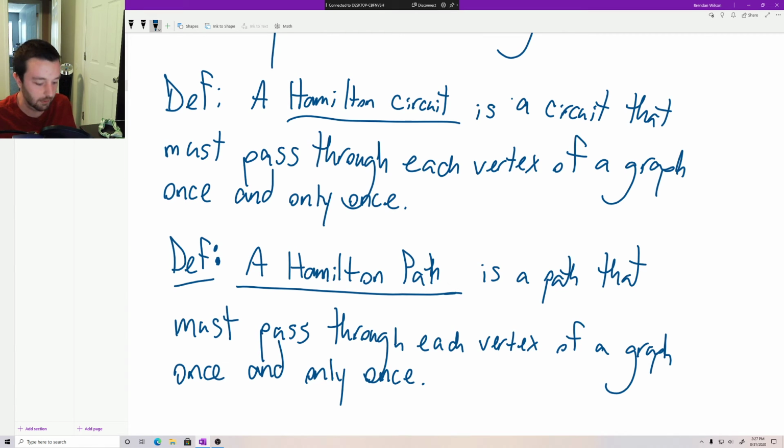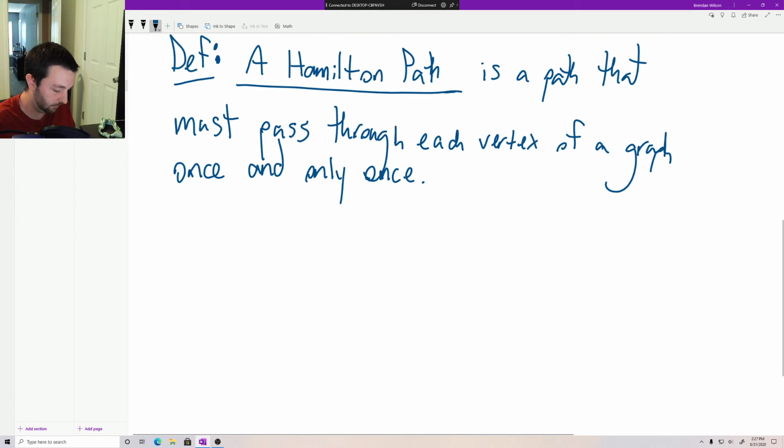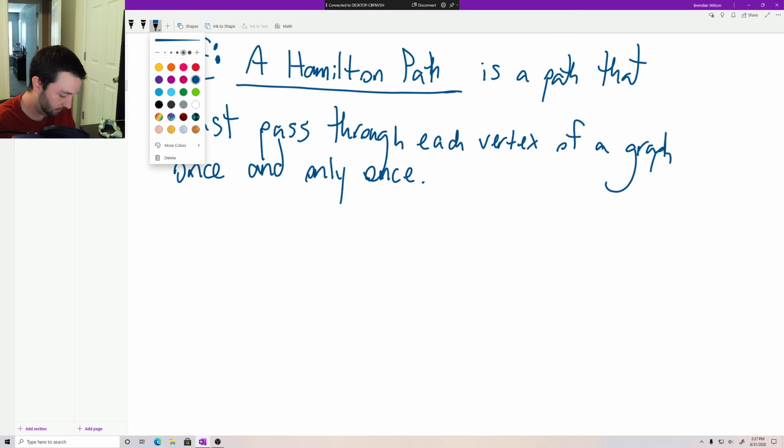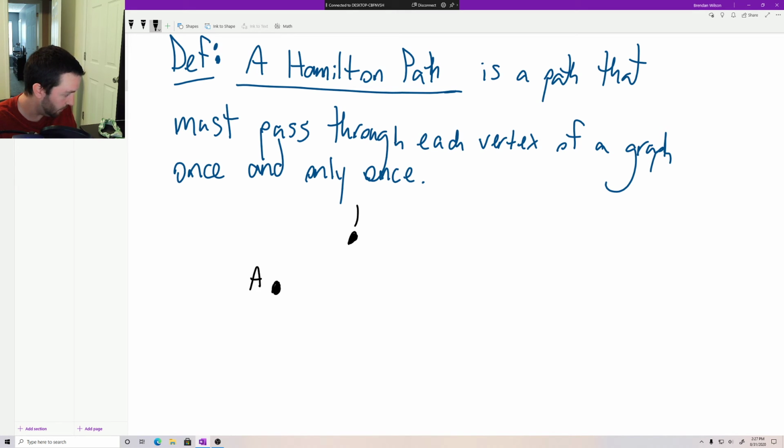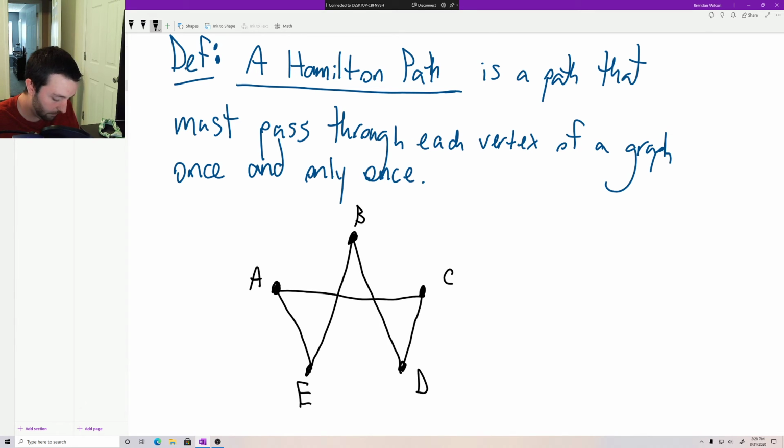So let's just start with the simple example. This one's just from the book here. Okay, so this is figure 6.4.1 from the book. We have A, B, C, D, and E. And then we have this one, this one, this one, and this one.